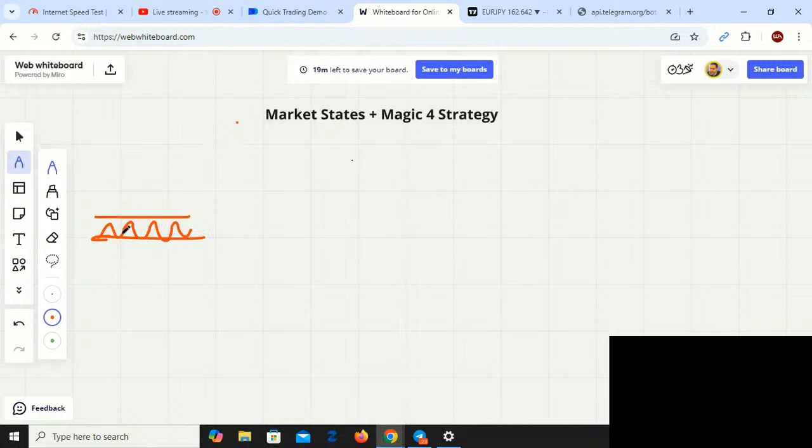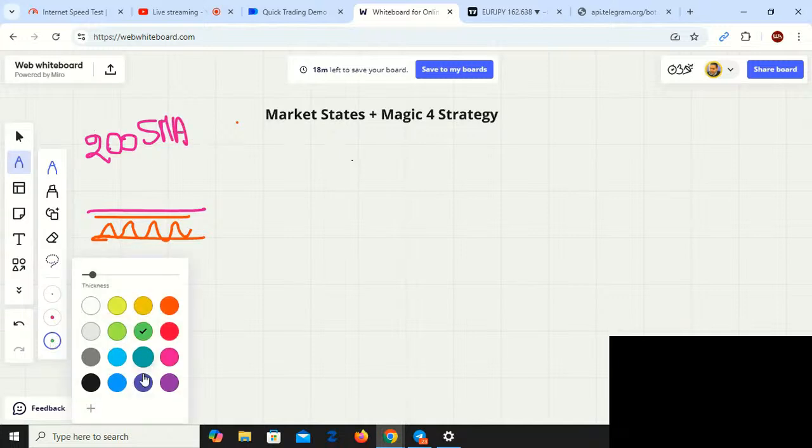Now, in addition to those indicators, we should add two moving averages to help us identify those narrow states. The first one is the 200 simple moving average, SMA, and the second moving average is the 20 moving average.